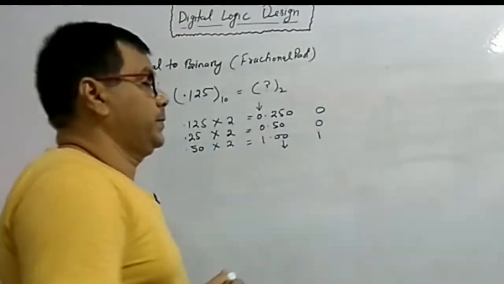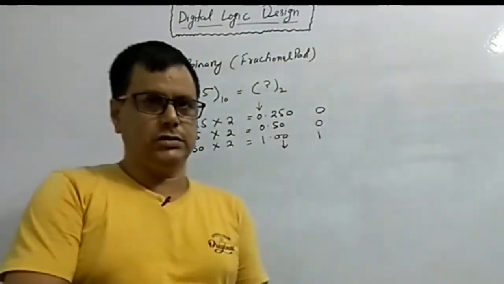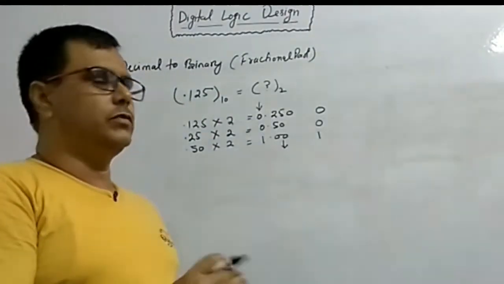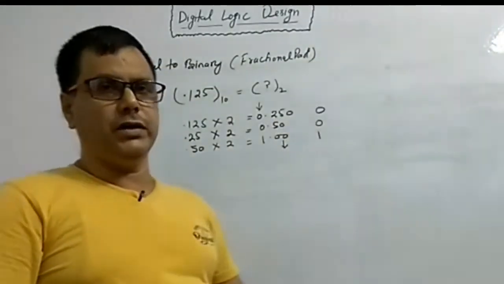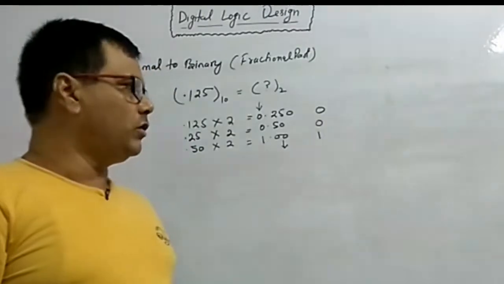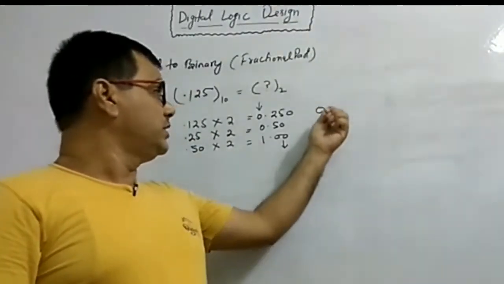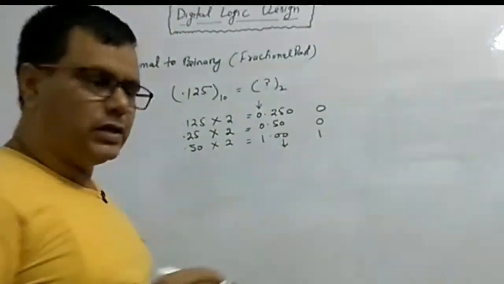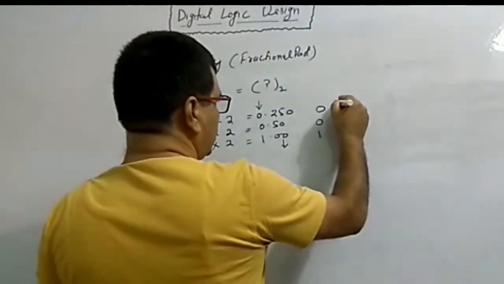So, another change from whole number to fractional part: in whole numbers, we always read from bottom to top, but here we always read from top to bottom.